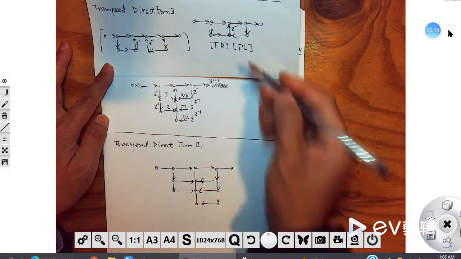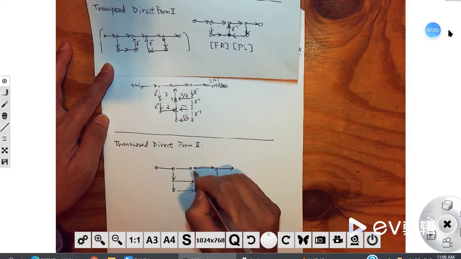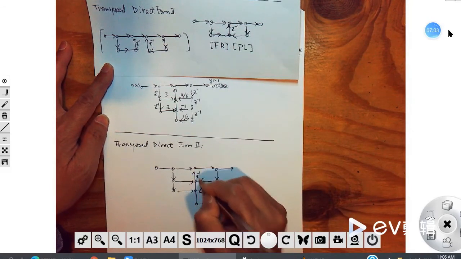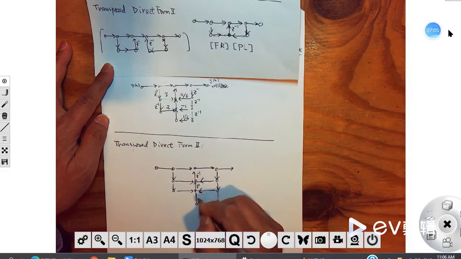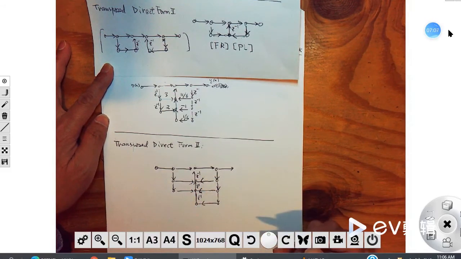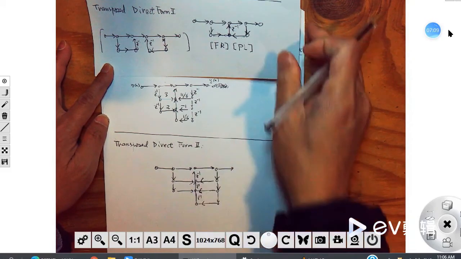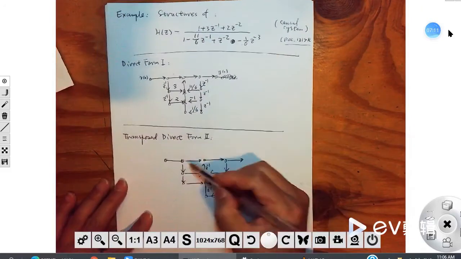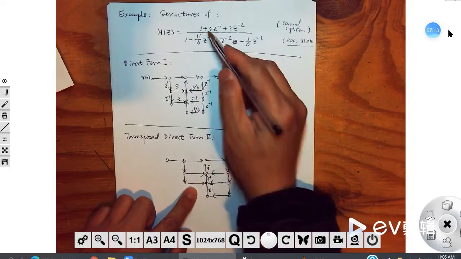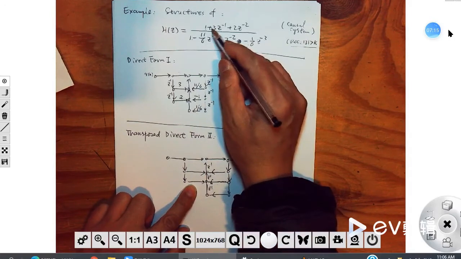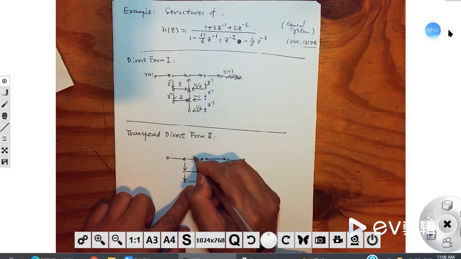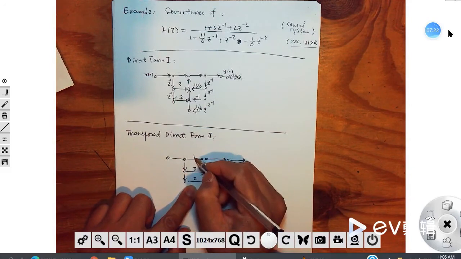Okay, so delay is in the middle. You have 3 delays. And the forward part, okay, let me go back here. Forward part is coming from the numerator. You just put coefficients 1, 3, 2. You can put 1 or not put 1, doesn't matter.